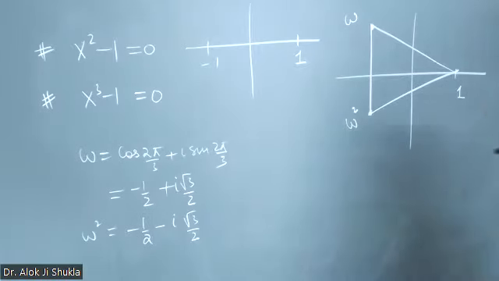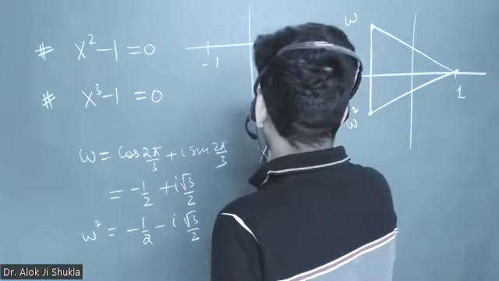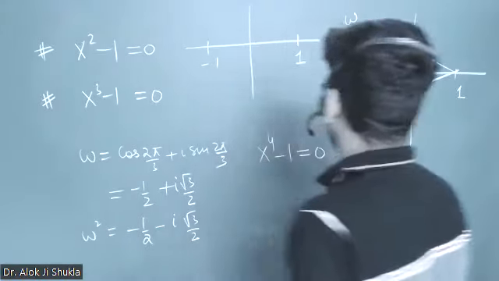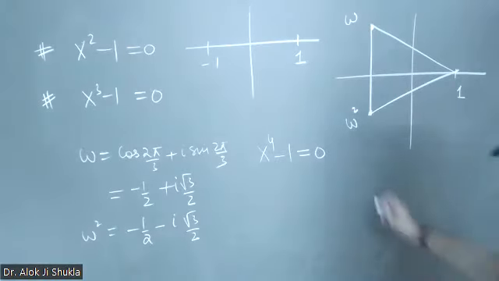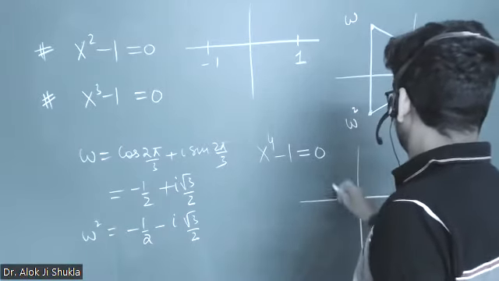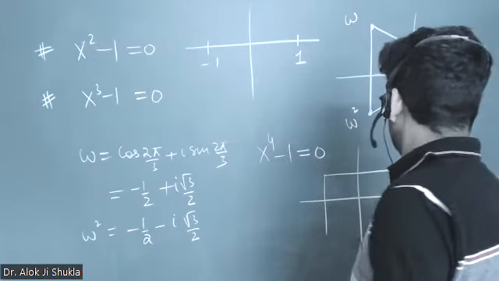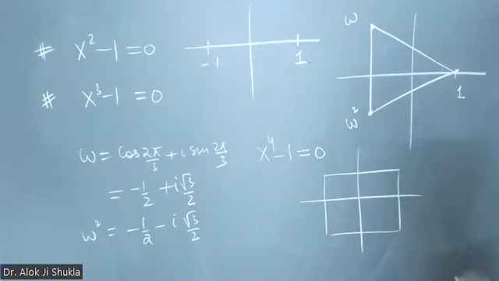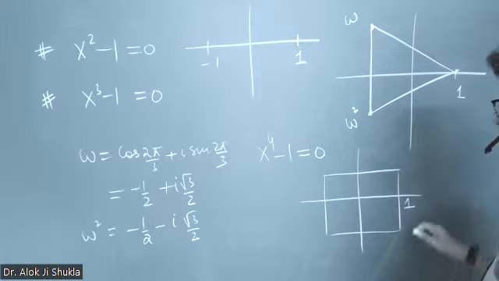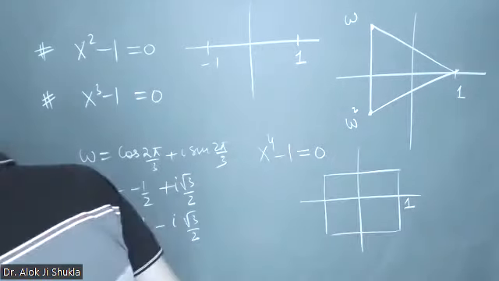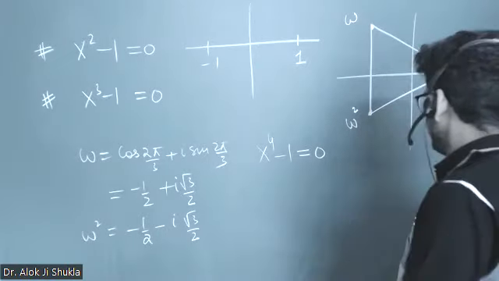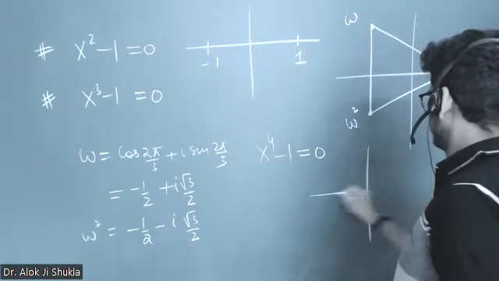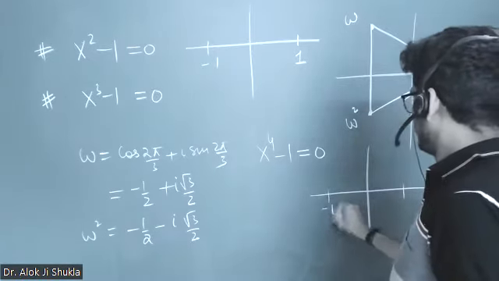And if I represent x to the power 4 minus 1 is equal to 0, how will this look? Not like this. Let us first mark the points, then join them. Okay? Minus 1, 1.